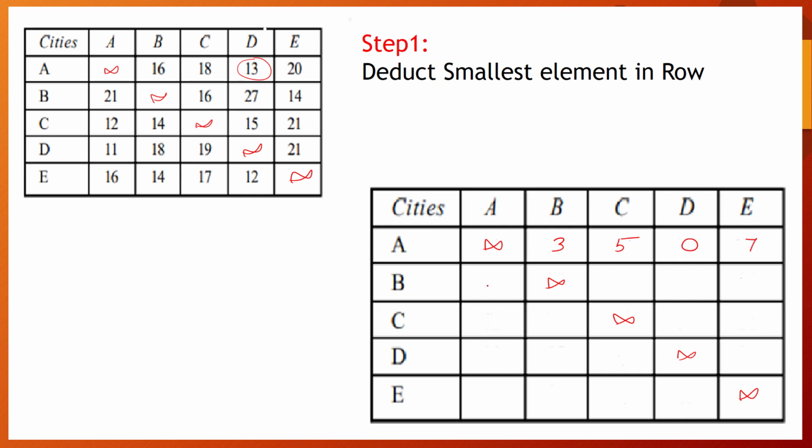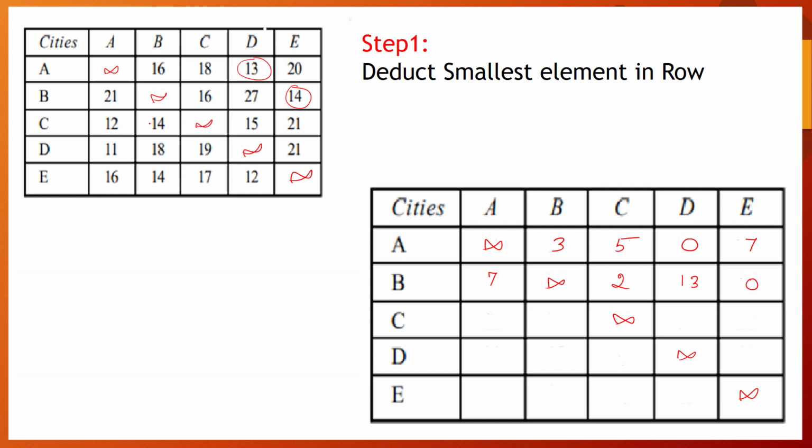In the second row, the minimum is 14. So 21 minus 14 is 7, 16 minus 14 is 2, 27 minus 14 is 13, and 14 minus 14 is 0.